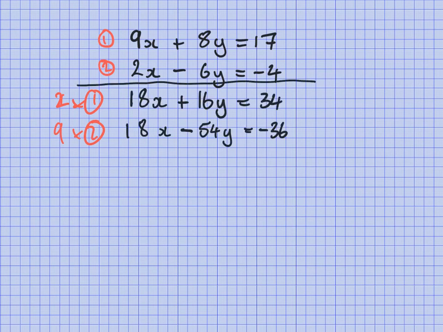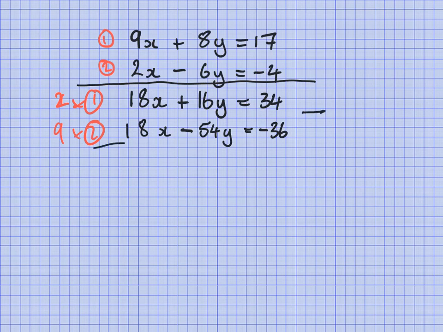So I've written out the two equations again, but this time having multiplied through. 2 times 9 gives me 18x, and 2 times 8y gives me 16y, and then 2 times 17 gives me 34, and also timesing the second equation by 9, 2x times 9 is 18x, minus 6y times 9 is minus 54y, and minus 4 times 9 is minus 36.